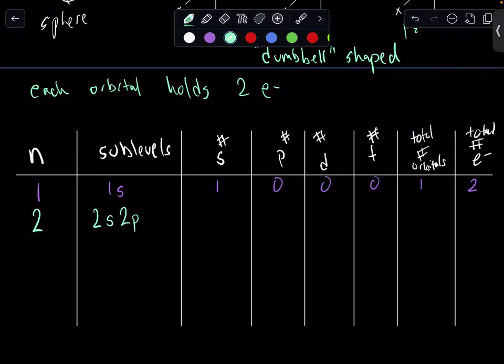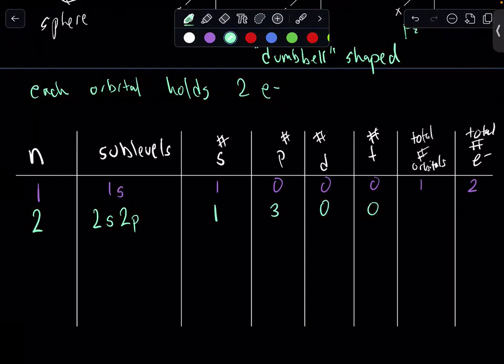So we don't get p sublevels until we get to the second energy level. In that case, we have one s orbital still. We have three p orbitals, turns out. We have 0d, 0f, so we have a total of four orbitals and eight electrons.